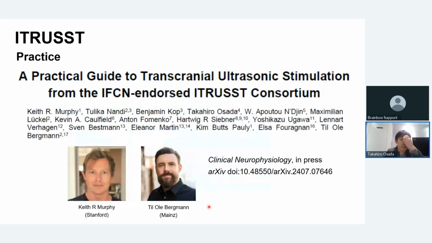The practice working group developed a practical guide under the tremendous leadership and efforts of Keith Murphy at Stanford and Taylor Bergmann at Mainz. I am a member of this working group. This guide was recently accepted for publication in Clinical Neurophysiology. And you can also find a preprint version at arXiv.